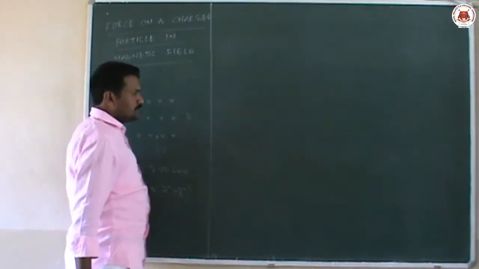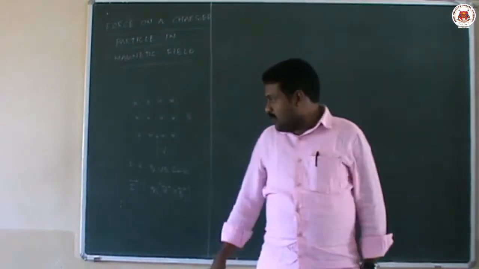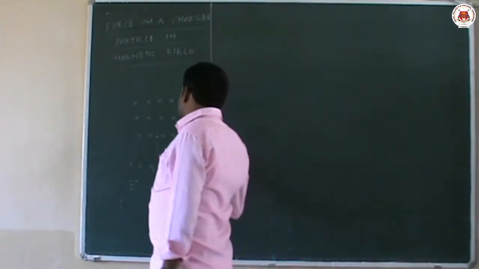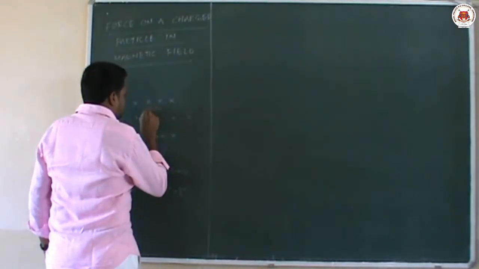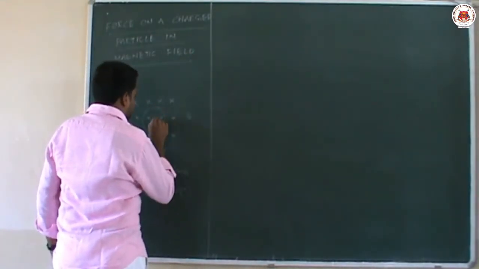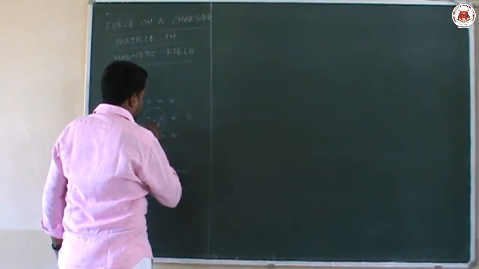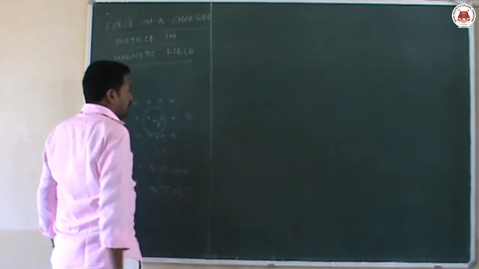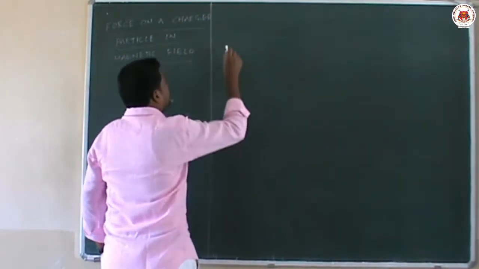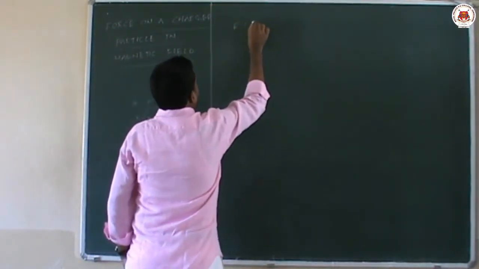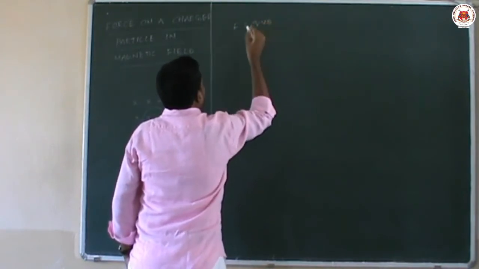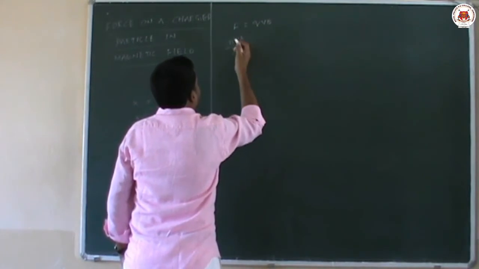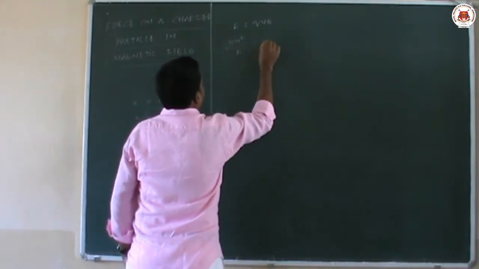This is the force. The charged particle, when it enters the magnetic field, revolves in a circle of radius r. V and B are perpendicular, so the force F is equal to QVB.